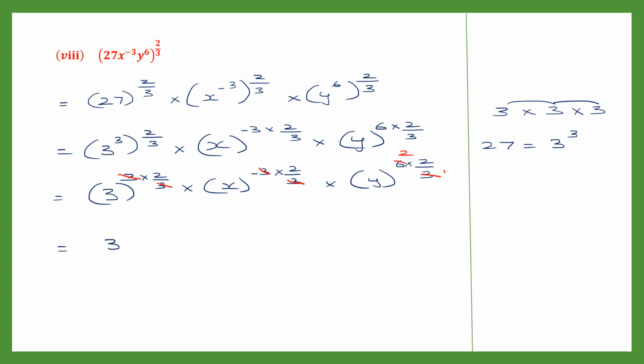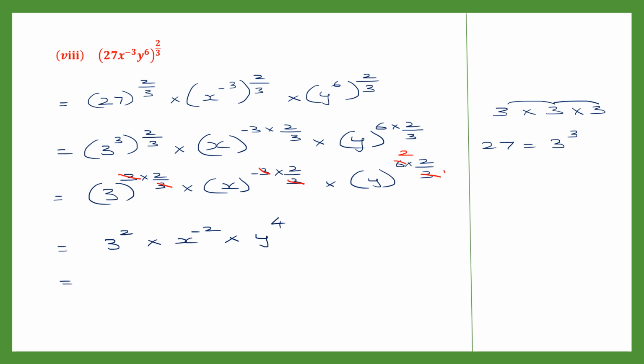So 3 raised to the power of 2 into x raised to the power of, now here we have a minus sign, so minus 2. X raised to the power of minus 2 into y raised to the power of 2 into 2, which is 4.